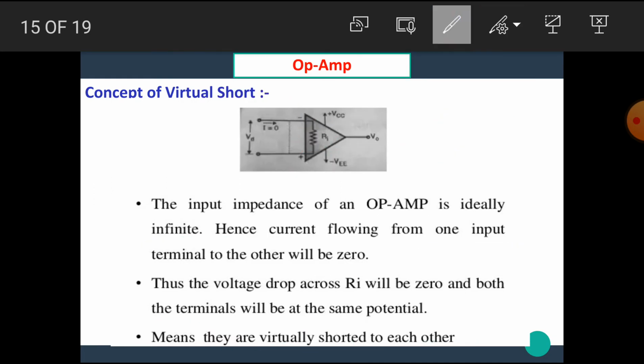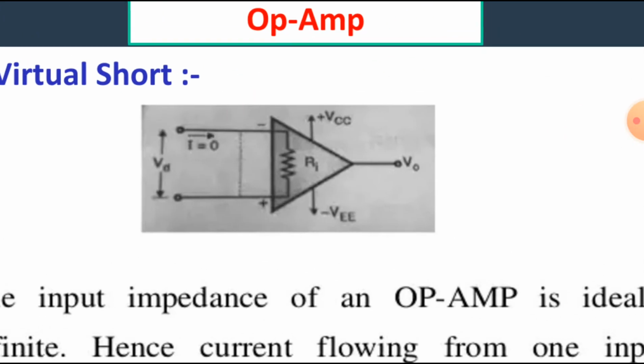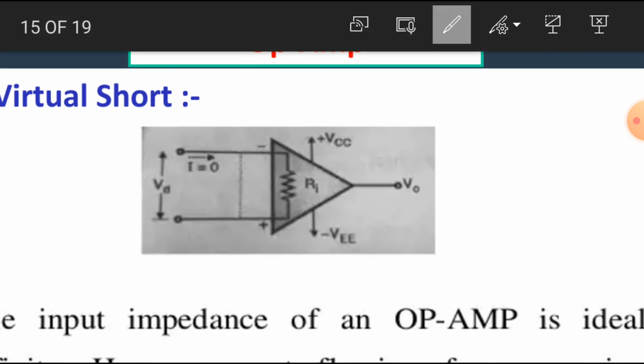That means we can see here in this diagram there is an input resistance, or the input impedance, between the V1 and V2 terminals, that means the inverting and non-inverting terminals, and its value is infinity.